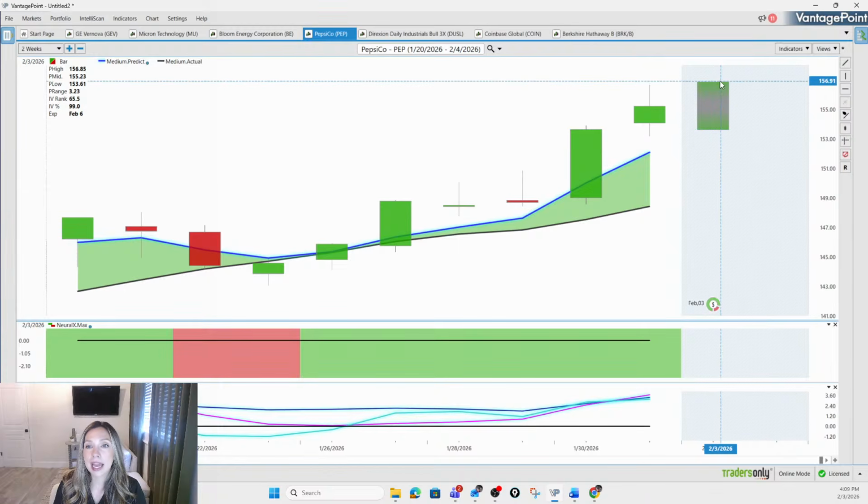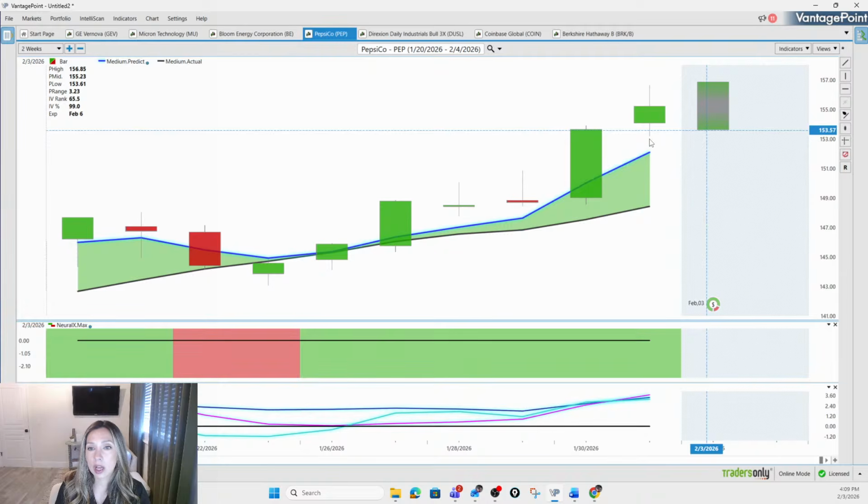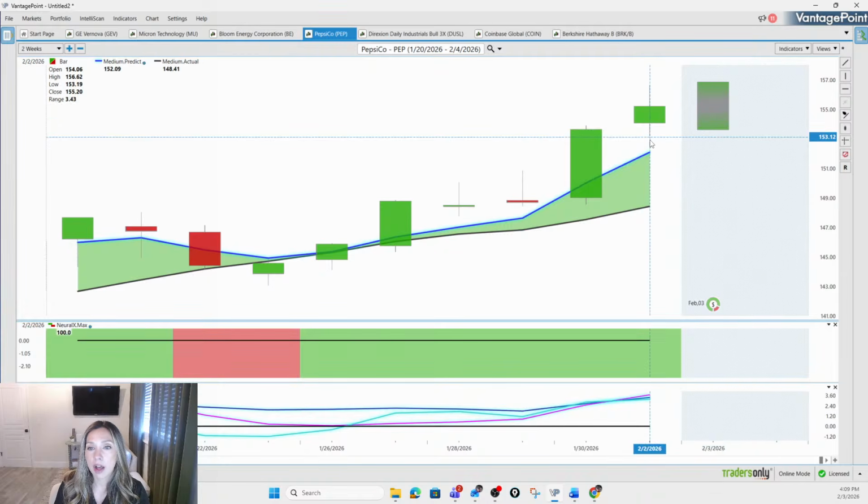That means that the high is in fact expected to be higher than the previous day. And we can see that if I put my cursor right on the high of yesterday, the predictive trade candle is expecting a higher high. Well, we're also expecting a higher low. So if I put my crosshair on the bottom of that wick from yesterday, you can also see that we're expecting a higher low as well, meaning rising price action.